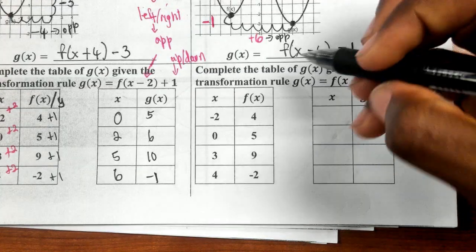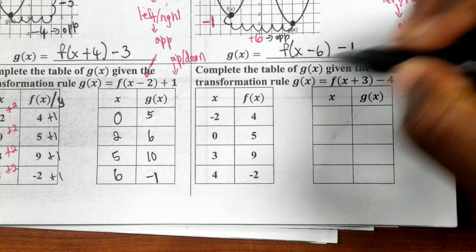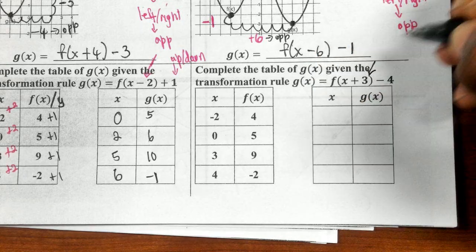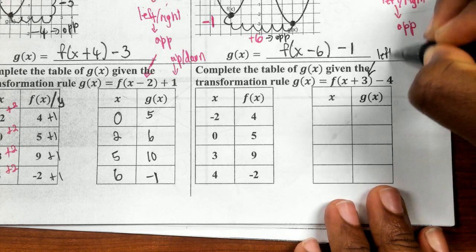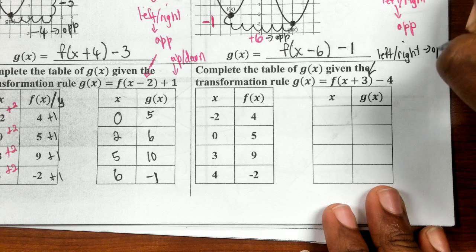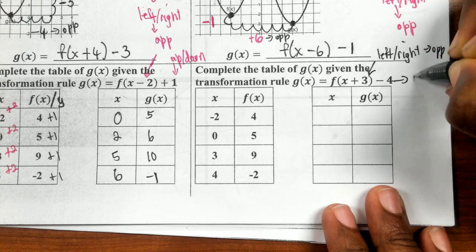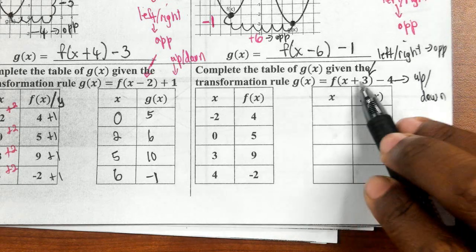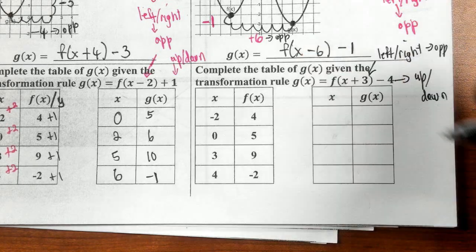So it says complete the table of g of x given the transformation rule. G of x is equal to this. So again, this means left or right, and we always need to do the opposite. And then this tells me another direction, up or down. So if I do the opposite of adding 3, I'm going to subtract 3.